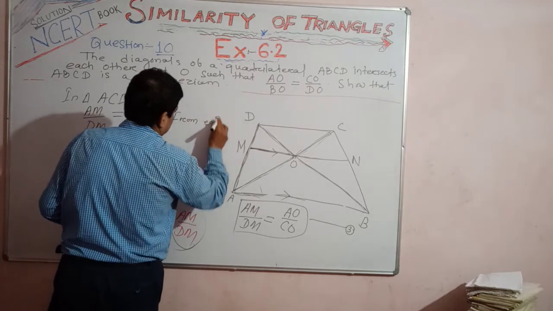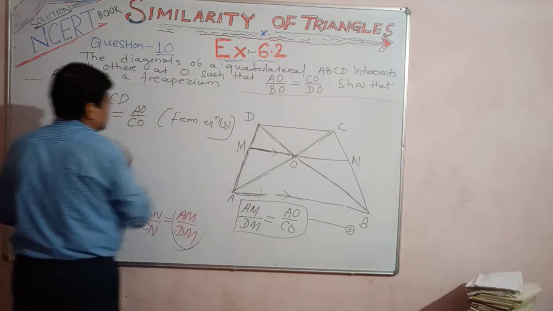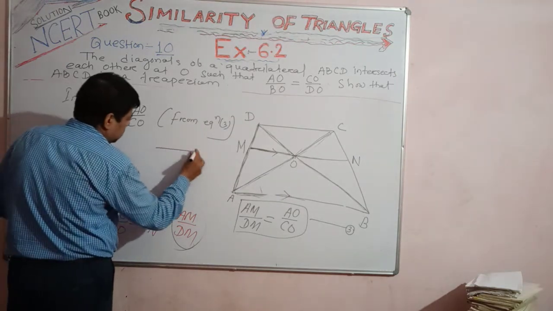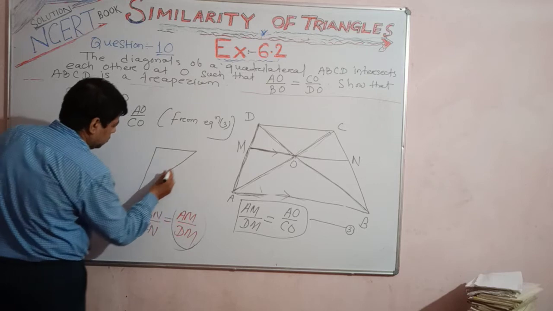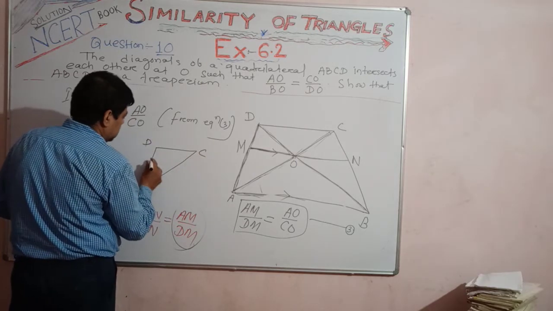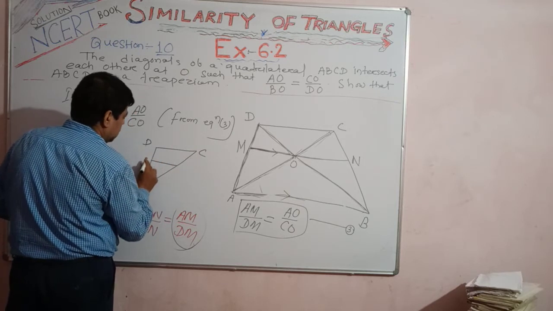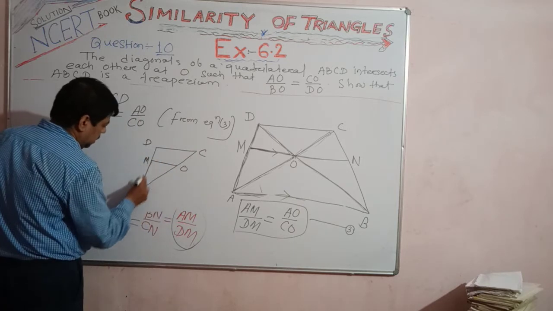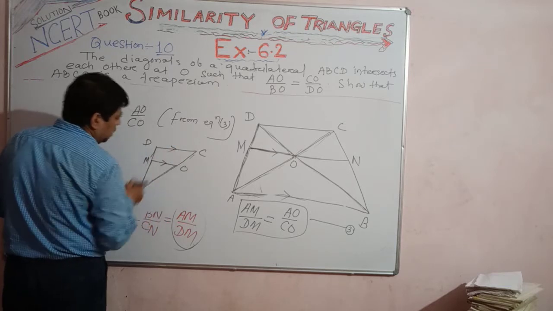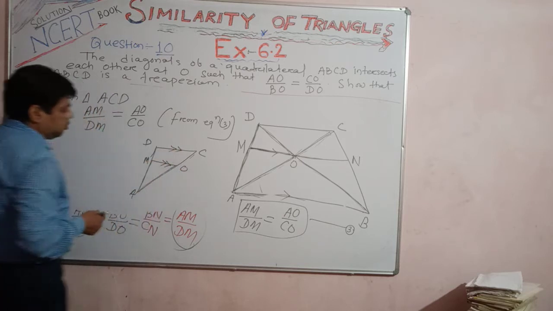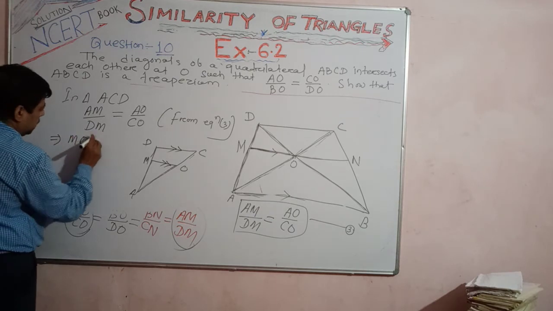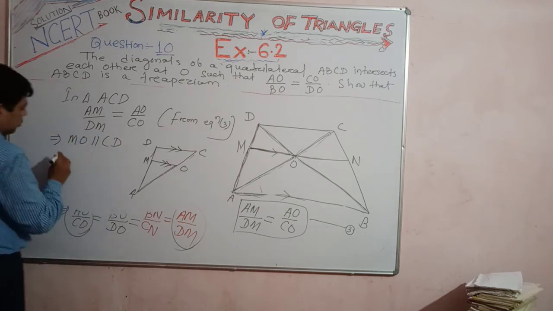Look at here. This is A, this is B, this is C, this is M, this is O. And you see AM upon DM is equal to AO upon CO. So this is in accordance with the converse basic proportionality theorem. We can write MO parallel to CD by converse BPT.